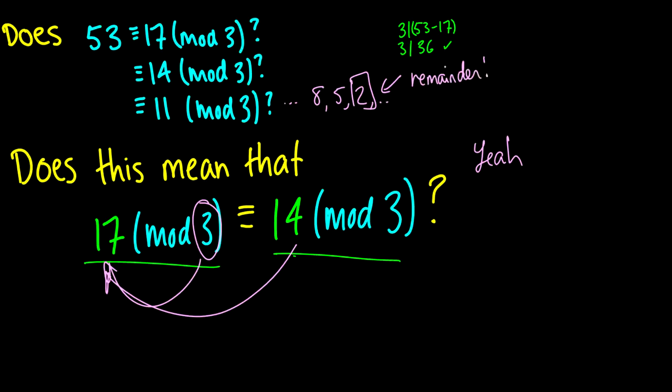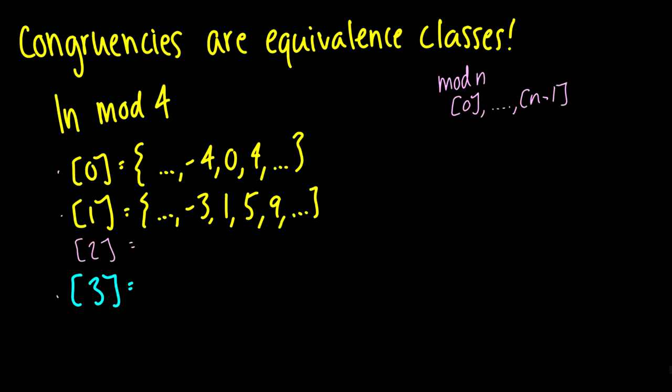So really, these equivalence classes are the remainders of division. In this example we have 4, so every number divided by 4 that has a remainder of 0 is going to be the big number representing the equivalence class.